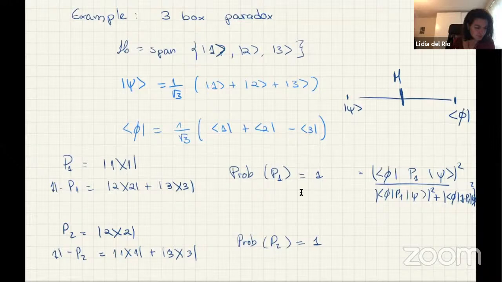For some reason, there's a question on YouTube from the end of the first lecture. The question is, the weak measurement does disturb the system, but it disturbs the system less than a strong measurement.